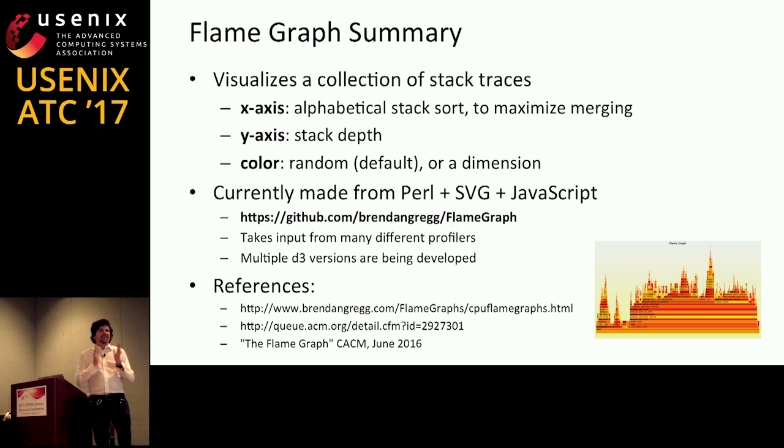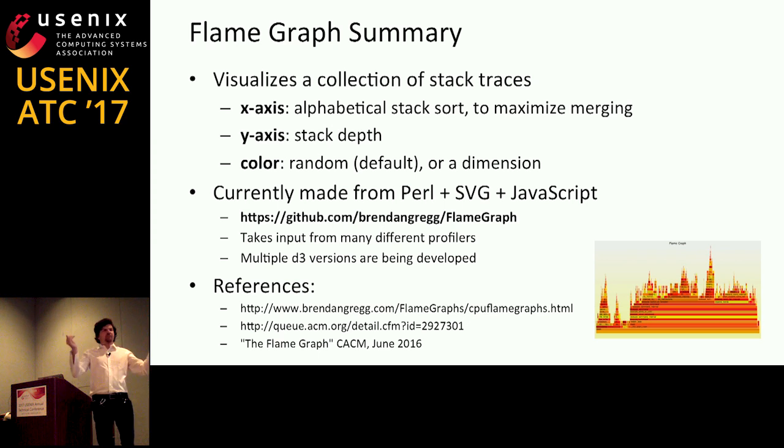So if you can imagine taking those stack traces and then drawing them as towers of vertical rectangles, and then sorting them so that the same functions are adjacent on the x-axis, you can then merge those rectangles. And when I designed flame graphs, I found an effective way to maximize merging was to sort the x-axis based on the alphabet, to do an alphabetical sort of the stack traces.